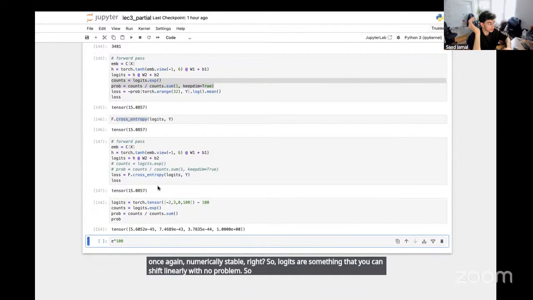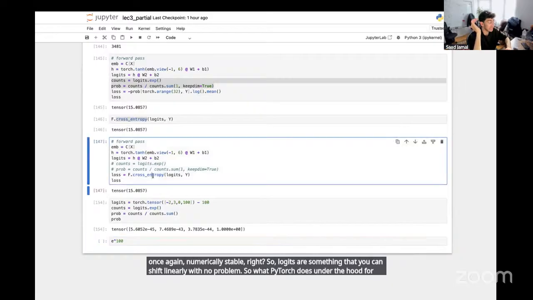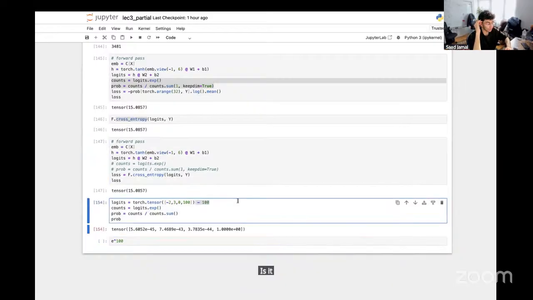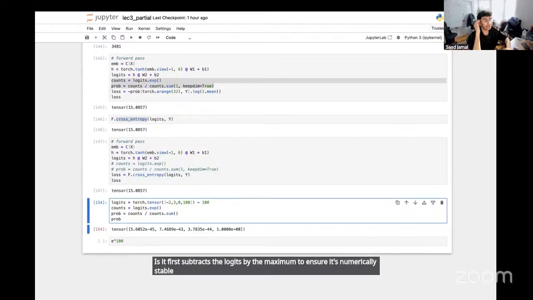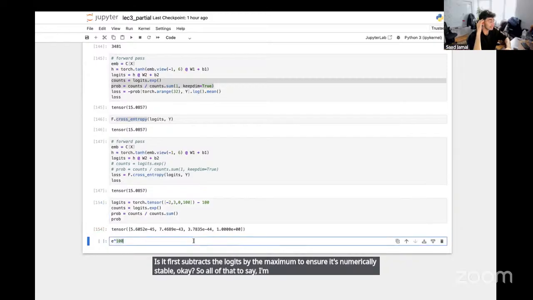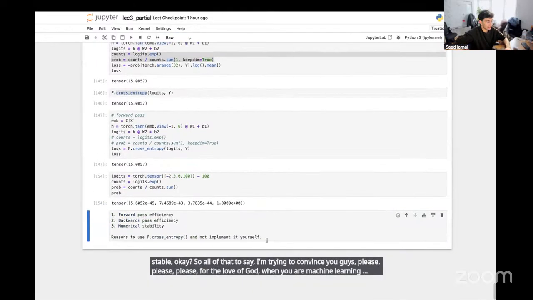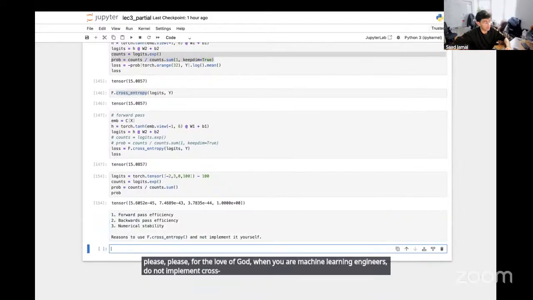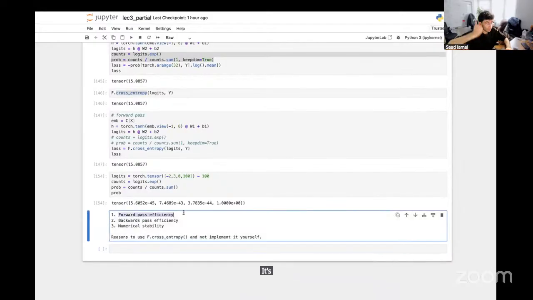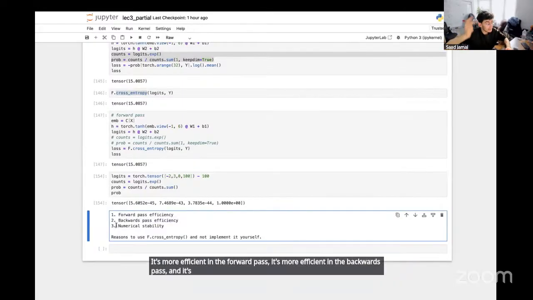So PyTorch first subtracts the maximum from the logits to ensure it's numerically stable. All of that is to convince you: please, for the love of God, when you are machine learning engineers, do not implement cross entropy loss yourself. It's more efficient in the forward pass, more efficient in the backwards pass, and more numerically stable to use the actual PyTorch function.